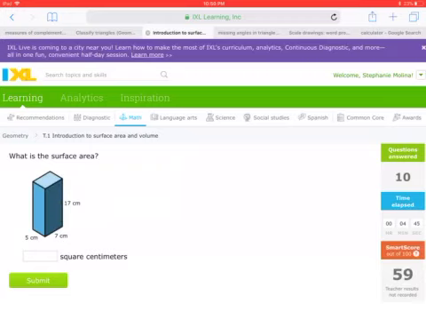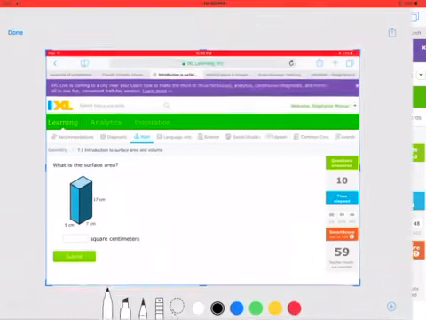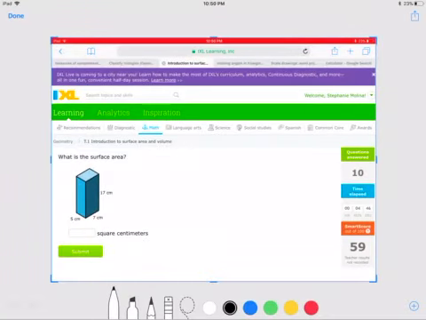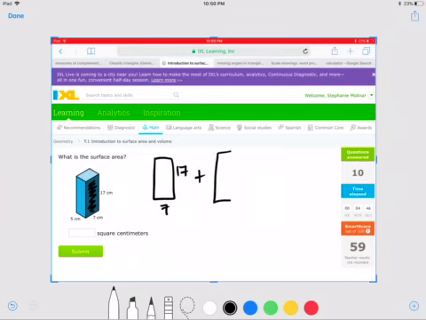Okay, this is the example I wanted to get to. So surface area, this is where your questions get really difficult. Do you see how you have two shapes that look like this one? So you have two shapes that are 7 by 17. And then you have two shapes that are like the top one over here. So they're little, and they're 7, that's the length, because look at this length right here, by 5.